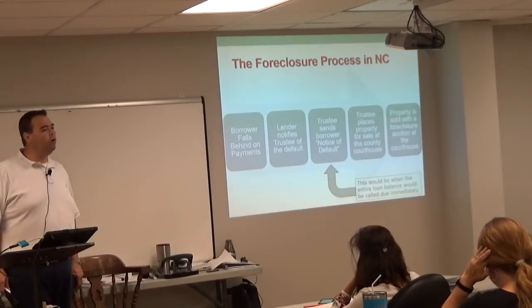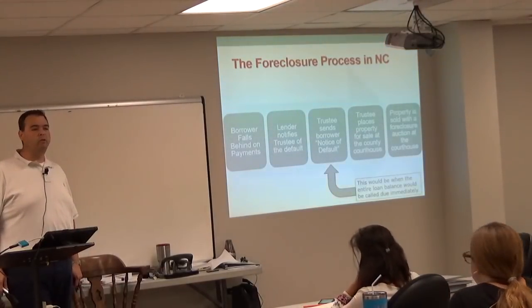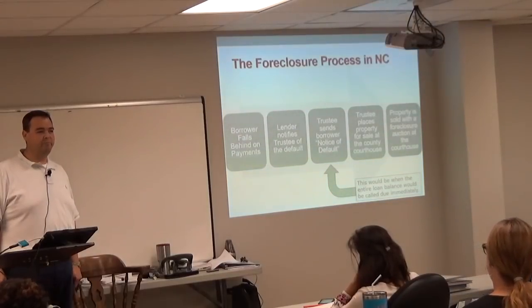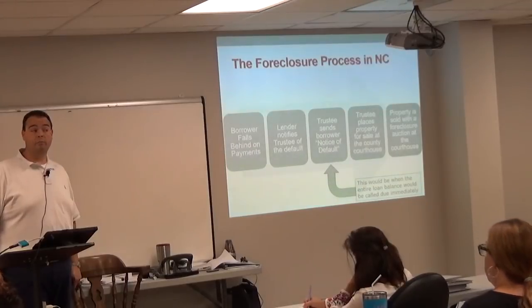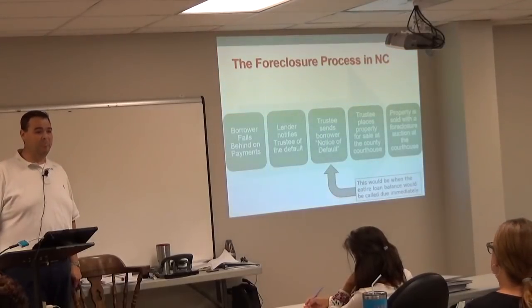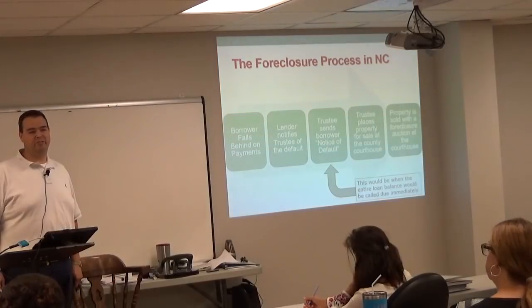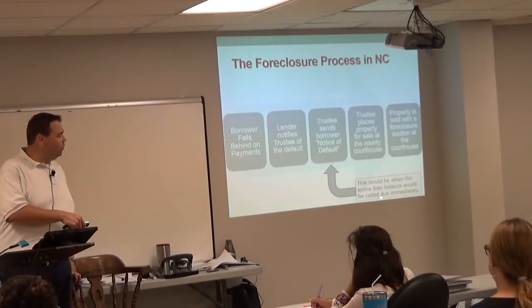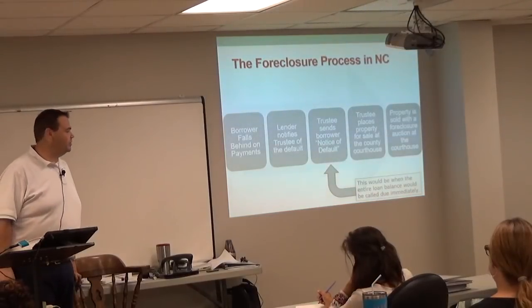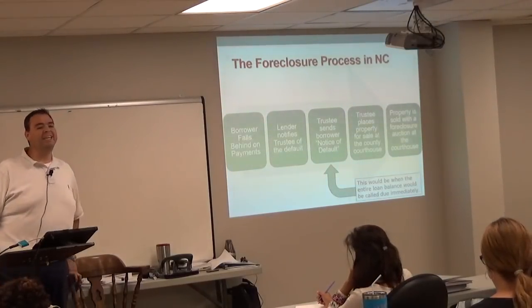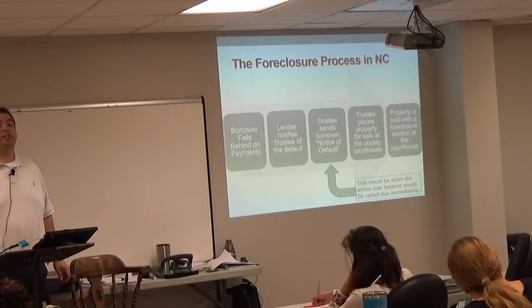When that borrower has received that notice of default from the trustee, the wheels are spinning. The time to make it right has come and gone. There's no catching up once you've gotten that notice of default. Because look at this little arrow right here. What does it say? This would be when the entire loan balance is called immediately due.